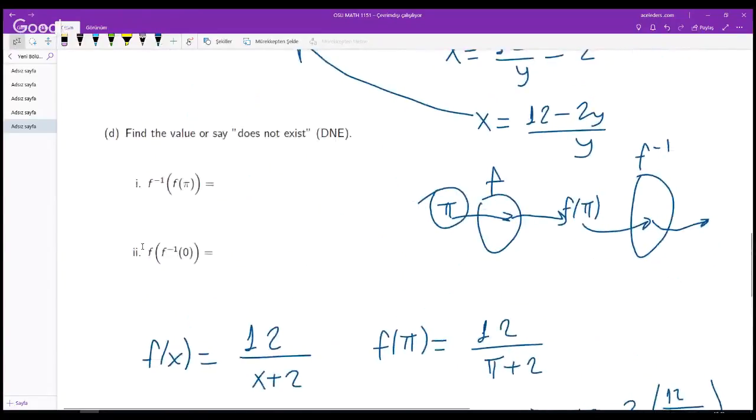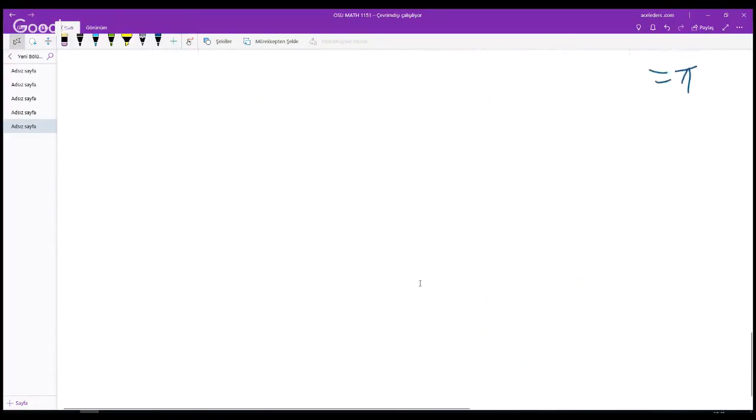Exactly no, because f inverse and f do just the opposite. They just cancel each other out. Let me give you an example. It's like the ln of e to the power x.